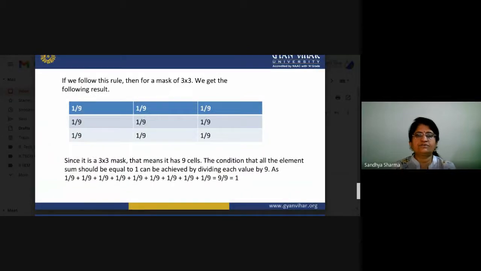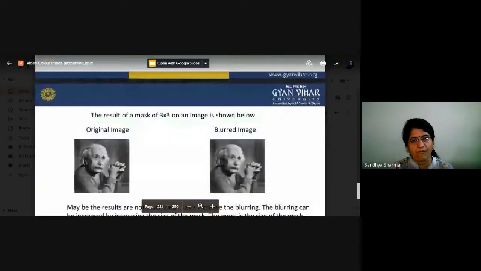If we follow this rule, the mask is 3 into 3, and all values are equal. The sum should be equal to 1, which can be achieved by dividing each value by 9. So that is the basic property of our mean filter.